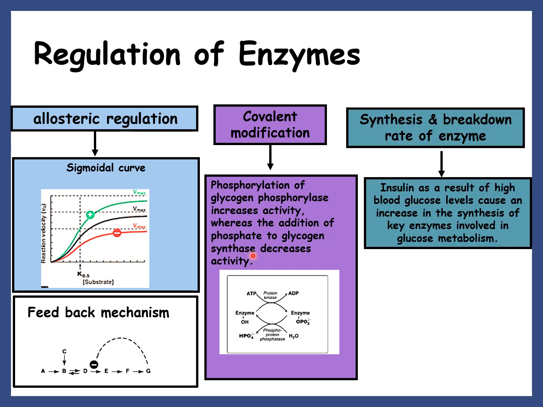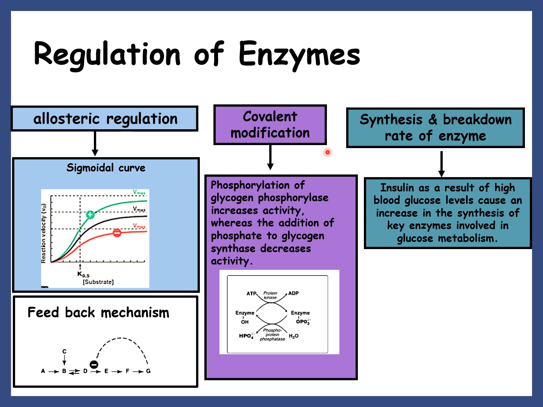And finally, another important regulatory system is the synthesis and breakdown rate of the enzymes. The synthesis and breakdown rate actually controls the quantity, or the amount, of an enzyme present in any system or any cell, and it's tightly regulated. So if a pathway needs to be accelerated, then the enzymes required for that pathway would be synthesized more, and their breakdown would slow down.